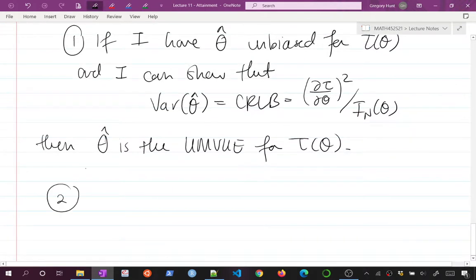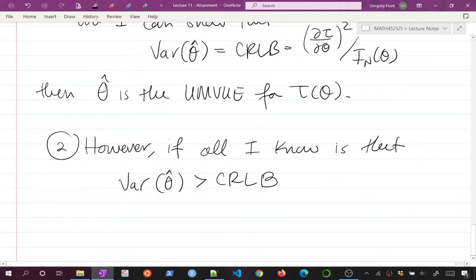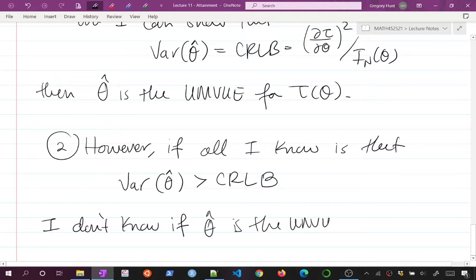We also made a second point, which is, however, if all I can show, or all I know, is that the variance of my theta hat is bigger than, but not equal to, the Cramer-Rao lower bound, I don't know if theta hat is the UMVUE.